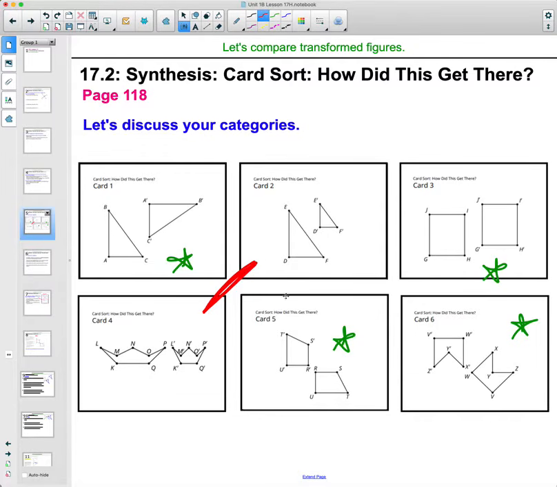So these are rigid transformations, all these green stars, because they keep the same size. And these two go to different sizes, so they are not rigid. Again, you could have come up with other reasons that you connected different groups together. That's just two possibilities.